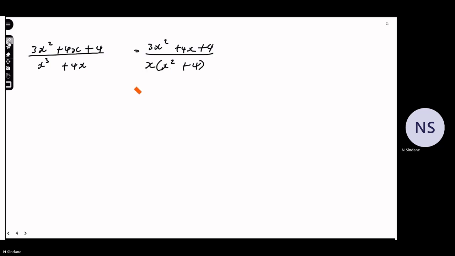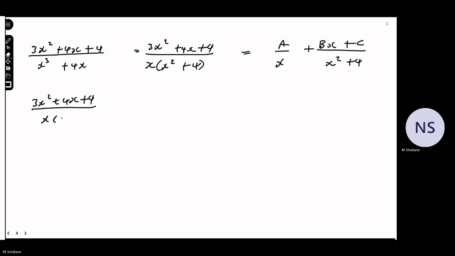I'm going to use option 3, which says if I can't factorize this, I'm going to have this equals to a over x plus bx plus c over x squared plus 4. And then when I cross multiply, I have 3x squared plus 4x plus 4 over x into x squared plus 4, equals a over x plus bx plus c over x squared plus 4.